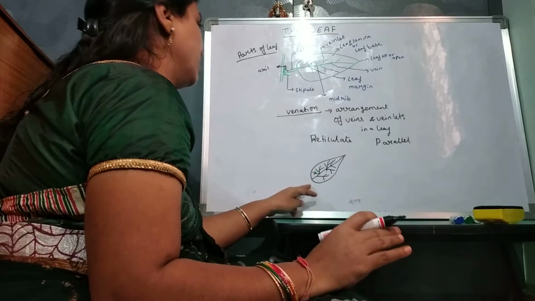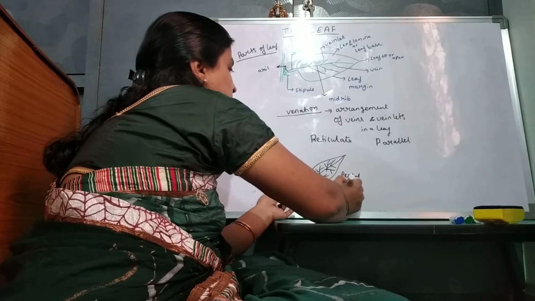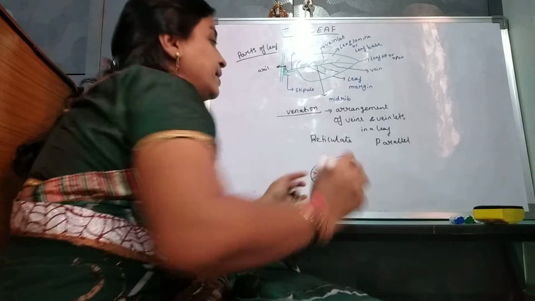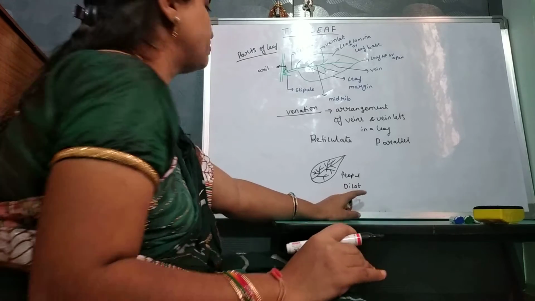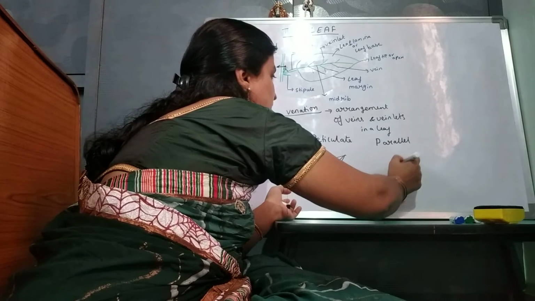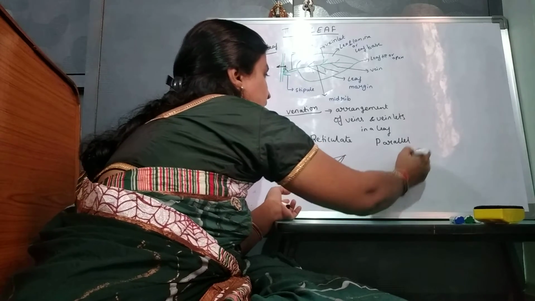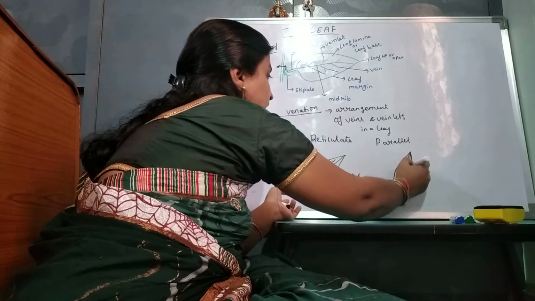So this is reticulate venation. A very good example is all dicot leaves. Dicot plants are the plants where the seeds have two cotyledons.